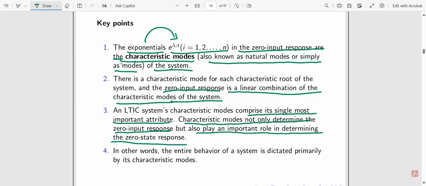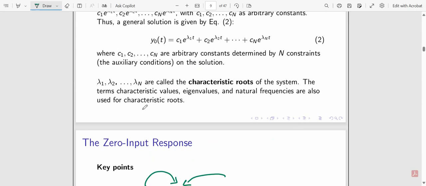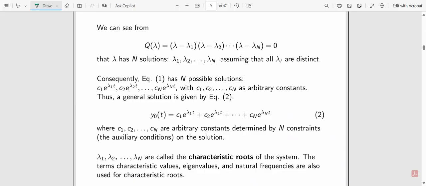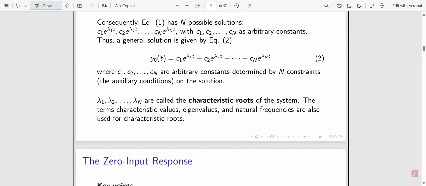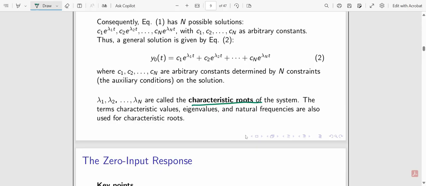So the entire behavior of the system is dictated primarily by the characteristic modes. It is important for you to know how to find the characteristic modes with the help of characteristic roots, and then we can solve it.